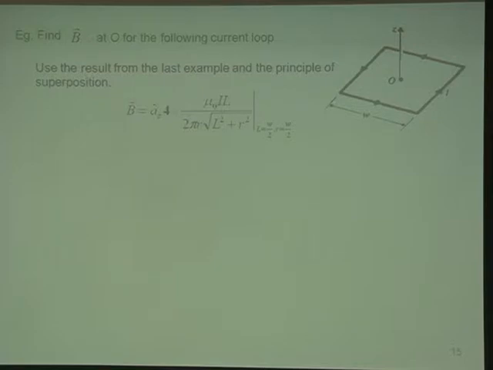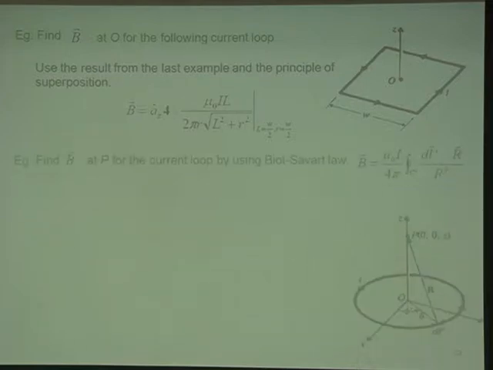OK, this square shape is easy to calculate, and a circular shape can also be calculated. If the question asks you to figure out the magnetic field somewhere here, for these problems you can't find a loop or line with a constant B field, so you cannot use Ampere's law to calculate it. Just like when you do the electrostatics problem, if you cannot find the Gaussian surface, then you have to do distributed integration.